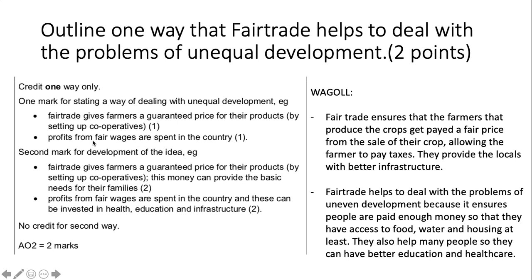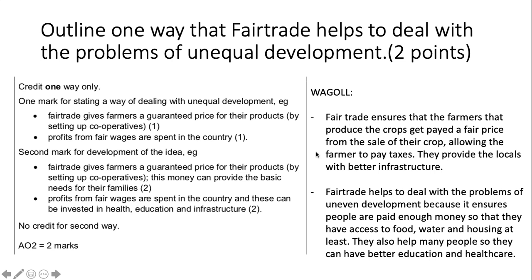So the indicative content that they've given is that it gives farmers a guaranteed price for their products, and the profits from those fair wages are spent in the country. So it increases tax revenue, or that it goes back into local development projects, and that's kind of the development there. And then I've got 2 answers on the right here.